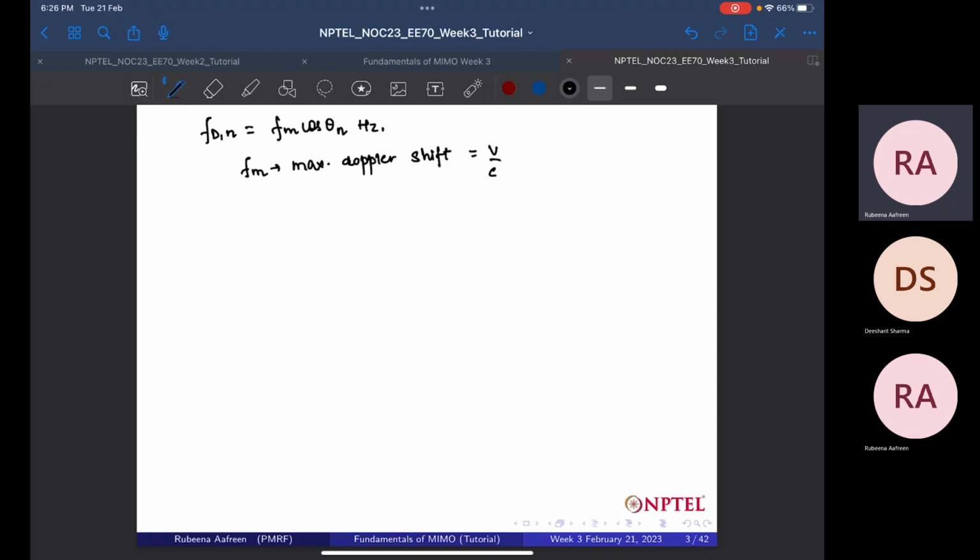As we explained in the previous tutorial, signal is coming from all directions. So here we are considering the nth incoming signal, and this nth incoming signal depends on cos of theta.